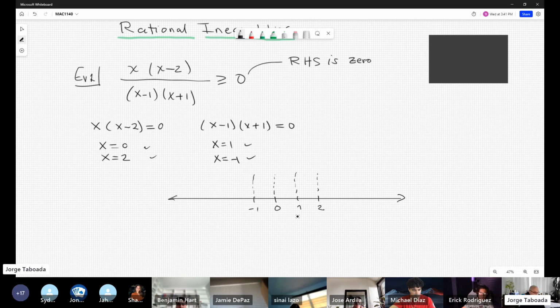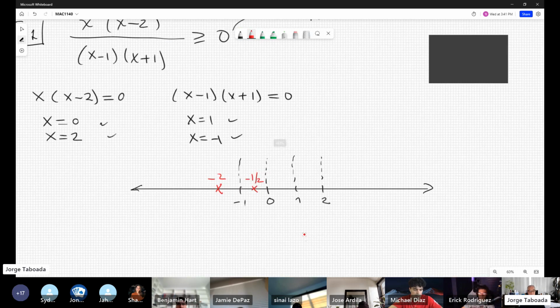I pick one arbitrary testing point. -2 or -3 or -4 is the same behavior. And -1/2 maybe, between 0 and -1. And +1/2 is another testing point. And 1.5, 3/2, and 3, 4 or 5. This is, in red color, my testing point.